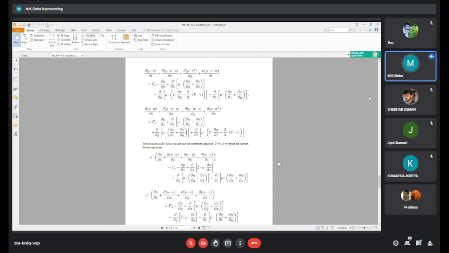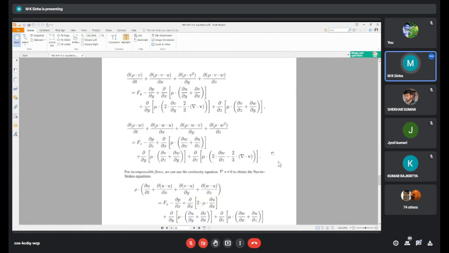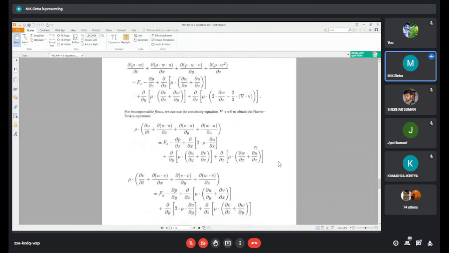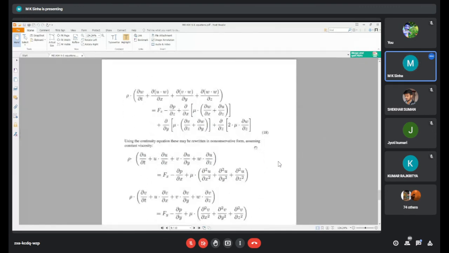These terms are eliminated due to the incompressibility from the continuity equation. Then it will take the form in this way: x momentum, y momentum, z momentum. But still it is an unsteady three-dimensional incompressible Navier-Stokes.